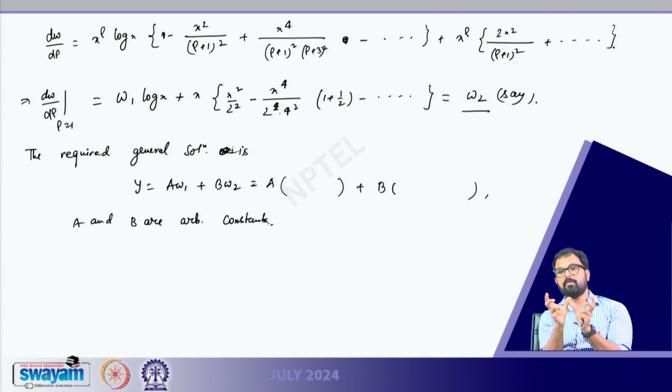Since you already have x to the power n terms, there will be some extra terms, and those extra terms will be equated to 0. From there we obtain the values of rho, and then we use those values of rho to get the remaining c_n's or a_n's, and then you again put it back, and from there we calculate these w1 and w2, with the help of which we write down the general solution.